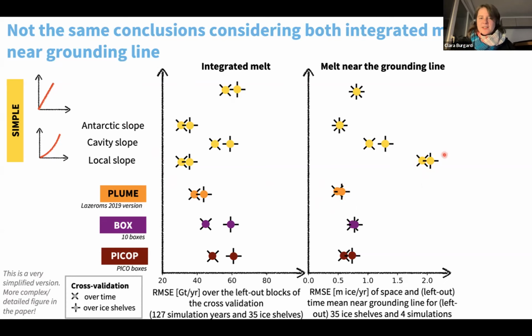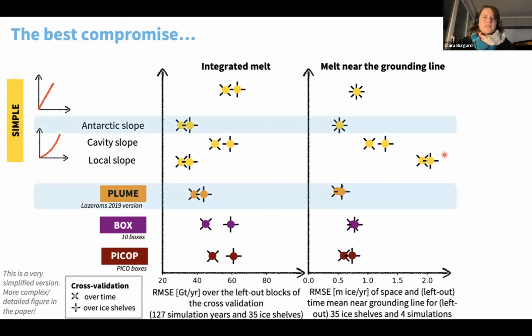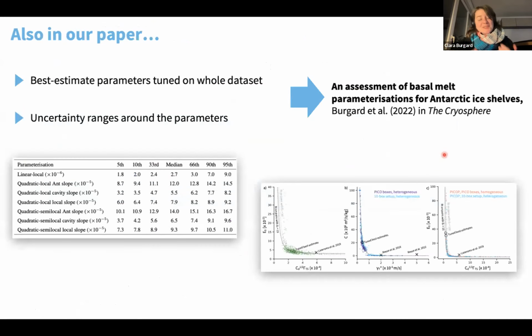So if we want to decide on something, it seems that the best compromise is to use a quadratic parameterization using an Antarctic slope, or the plume parameterization. Also in our paper, which is very long, for those who are more interested in the technical details, we provide the best estimate parameters that are tuned on the whole data set, as opposed to what was done in the cross-validation.